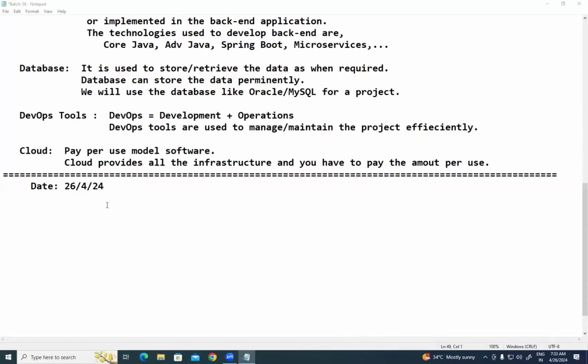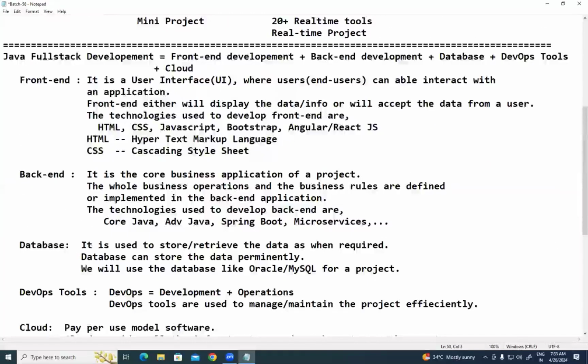Okay. So, folks, we will talk about today's point. Later on, I will tell you about the different combinations for developing applications, like React plus Spring Boot with microservices plus Oracle is one combination, or MySQL, otherwise MongoDB, otherwise Angular, then Spring Boot microservices with Oracle or MongoDB, like that.